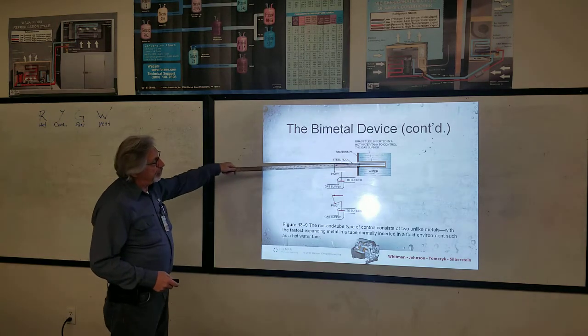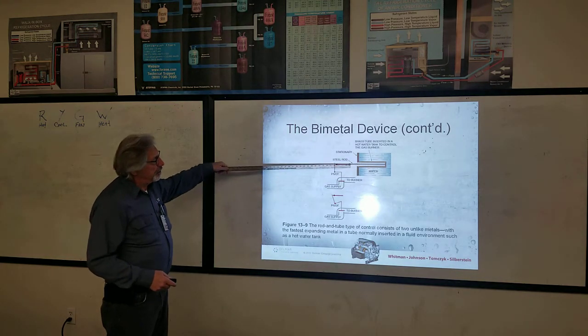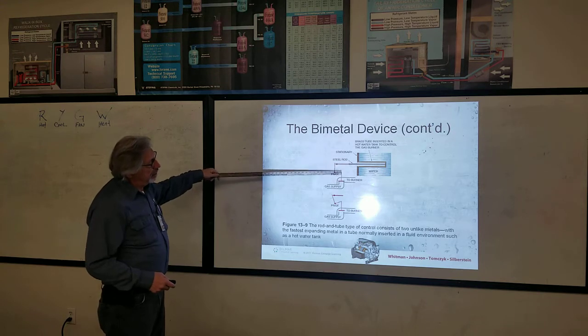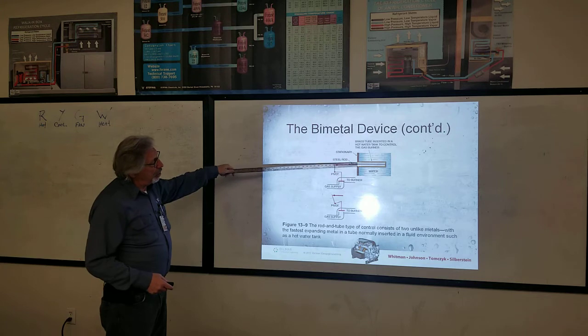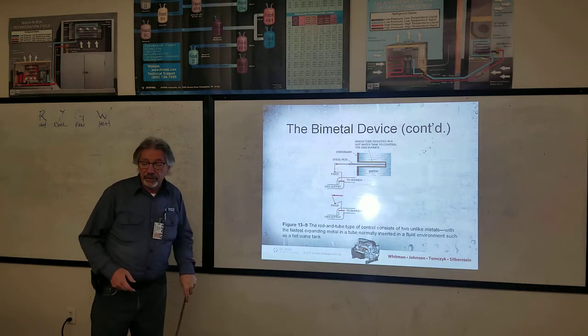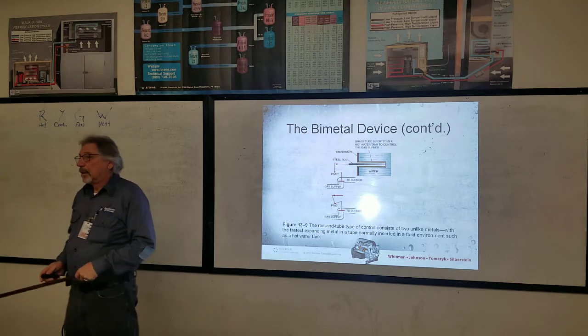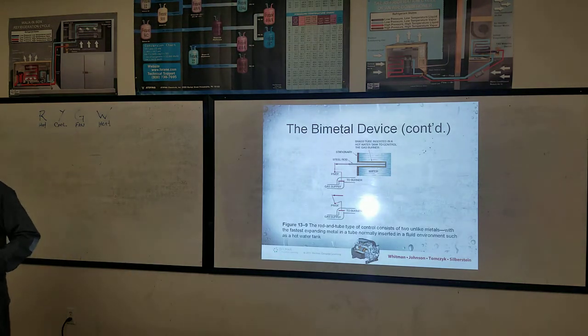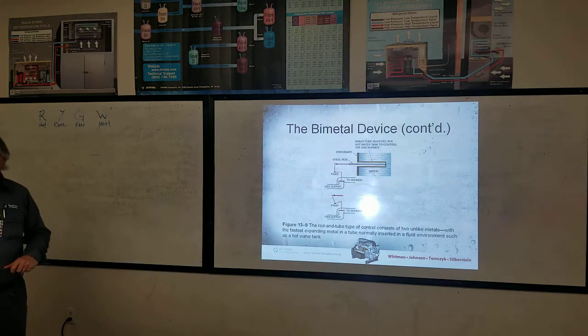So it actually moves this way, pivots. As the water gets colder, it opens the burner to start the burner on a water heater.